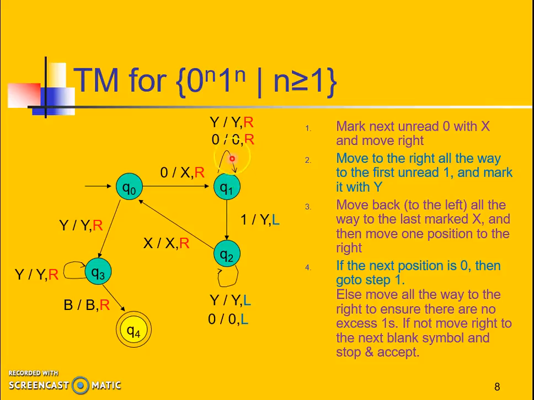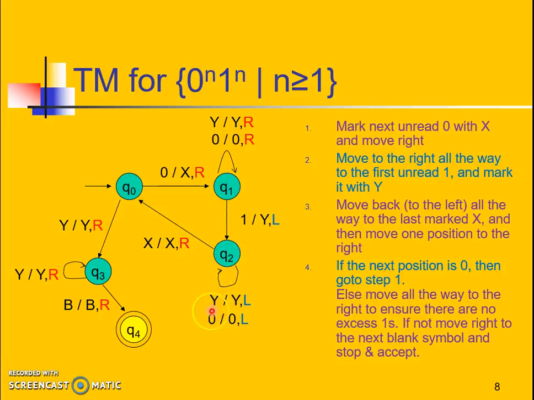When it is in q1 and encounters Y, Y is replaced with Y, and it moves right. When it is in q1 and encounters 1, 1 is replaced with Y, the machine head is moved left, and q1 changes to q2.